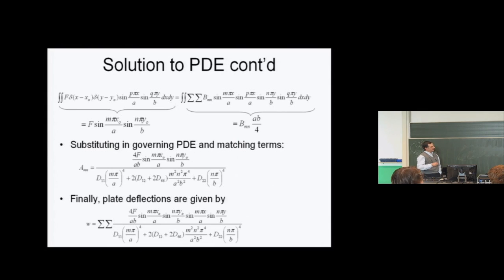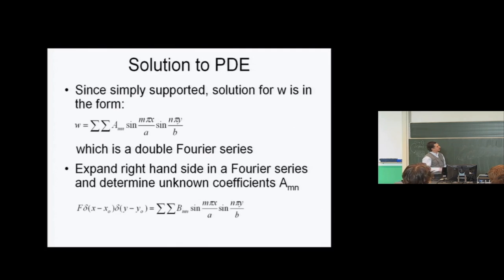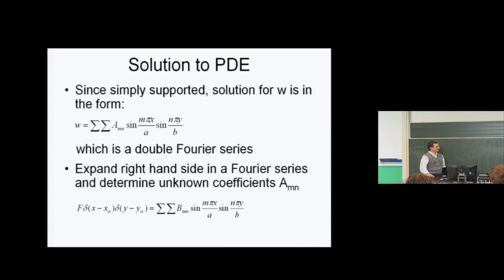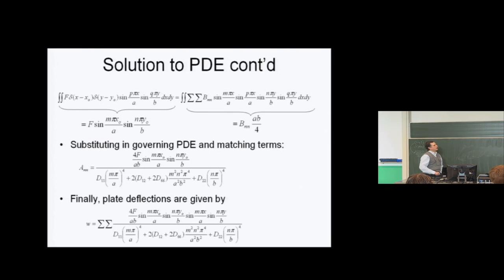So I can calculate my BMN. And knowing my BMN, I can go back to my series expression here, substitute W in my governing equation on the left-hand side, substitute the BMN sine times sine on the right-hand side, and now equate the coefficients of the different terms that have sine m pi x over a and sine n pi y over b.